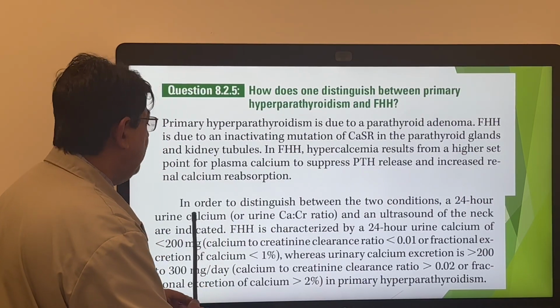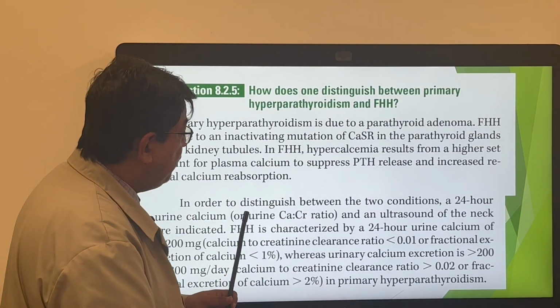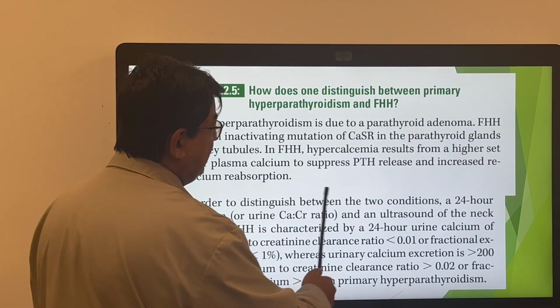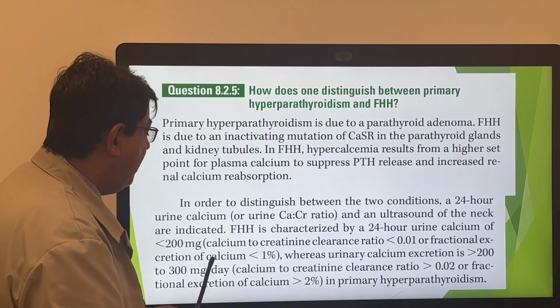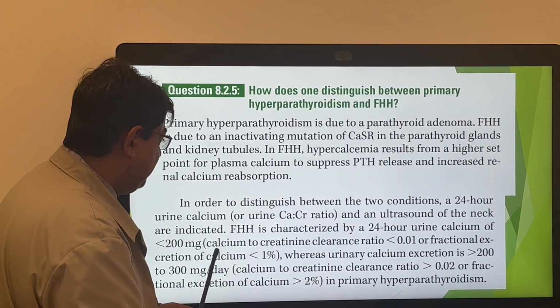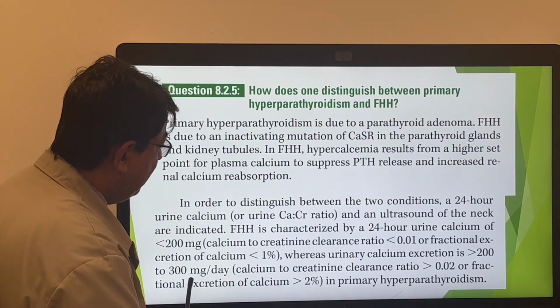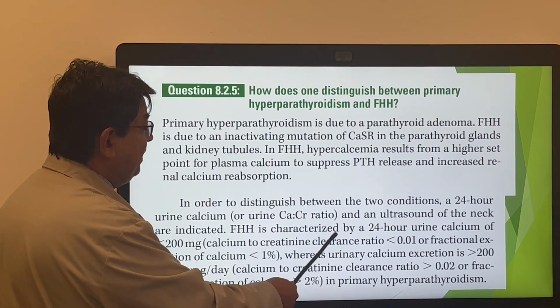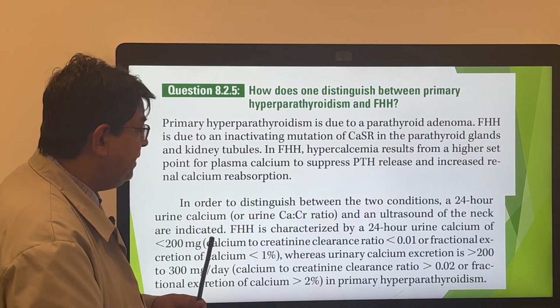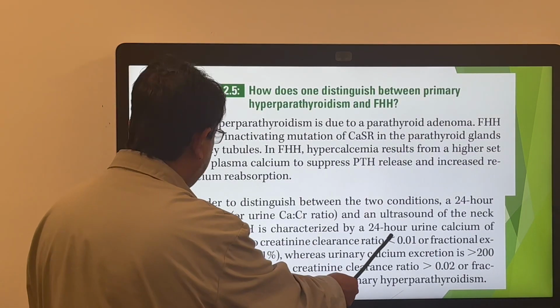Basically, you want to prove that there is hypocalciuria. So that means the 24-hour urine calcium or the urine calcium to creatinine ratio is low, less than 200 milligrams, or the calcium to creatinine clearance ratio. These calculators are readily available on the internet, should be less than 0.01.